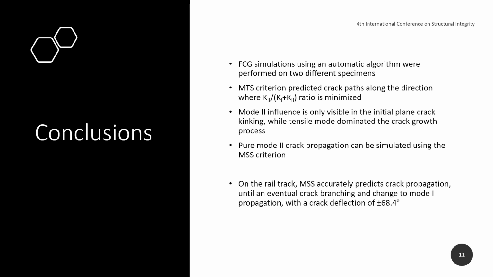Pure mode 2 crack propagation can be simulated accurately using the MSS criteria. Finally, on the rail track, the MSS criteria actually predicts crack propagation according to shear mode until the crack branches due to pure mode 1 with a crack deflection angle of around 70 degrees.